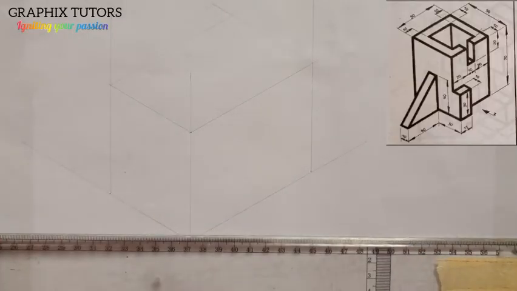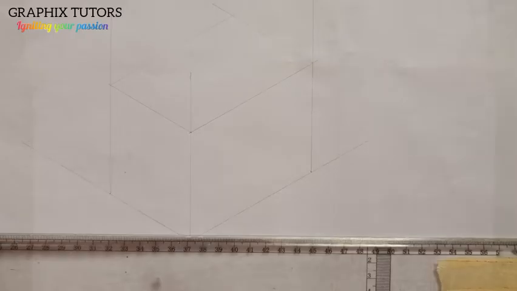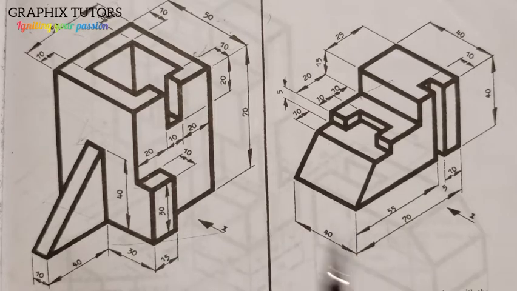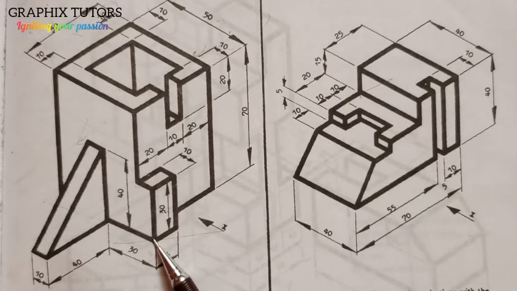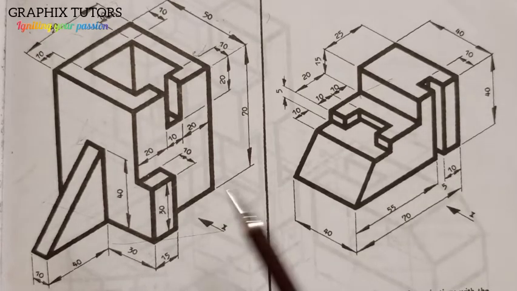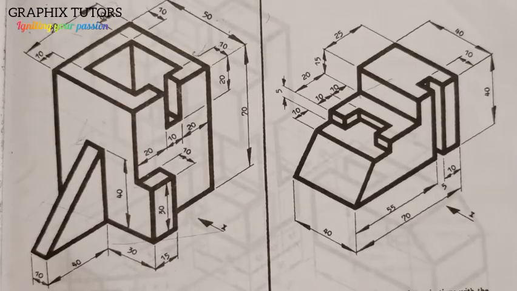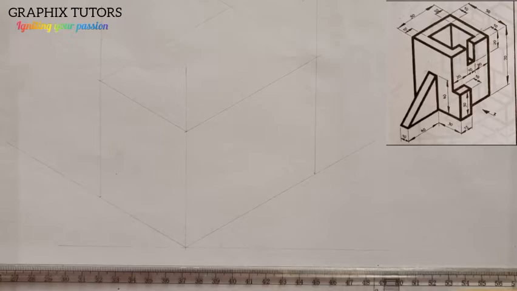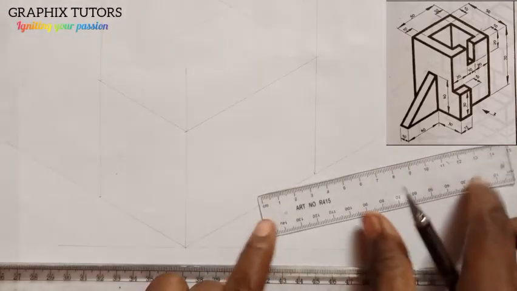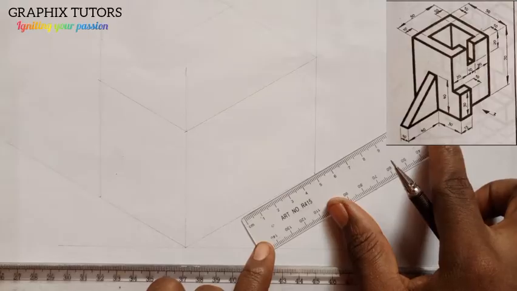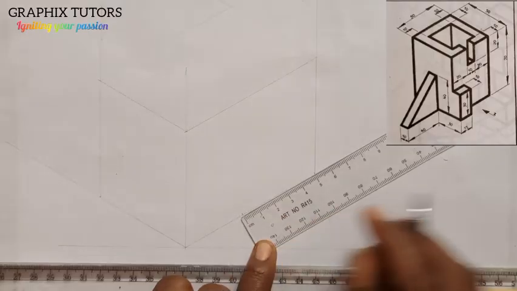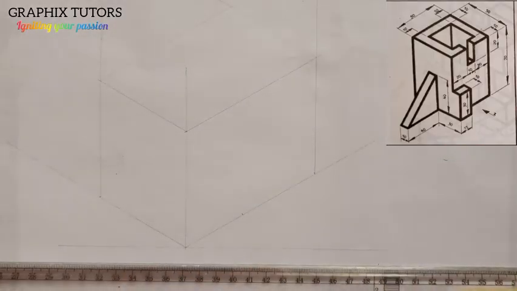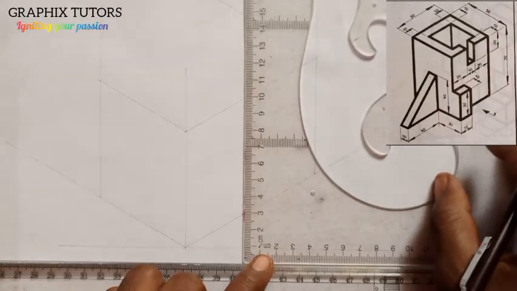Now we'll continue. We'll now start drawing what we have to draw. So from this point to this point is given as 50, right? So first of all, I'll draw out the 50. So let's do that and see. I'm going to start from the back here and measure 50. This is 50. From 0 to 5 is 50, right? Then I'll take it up.